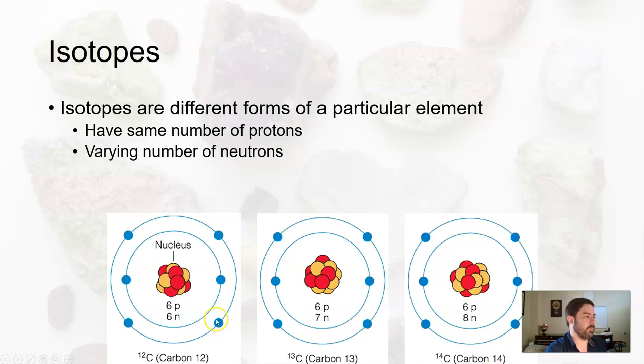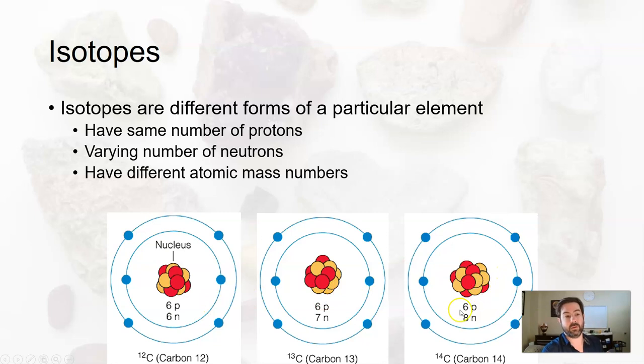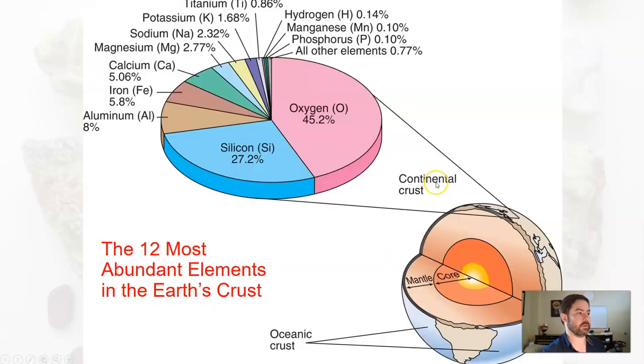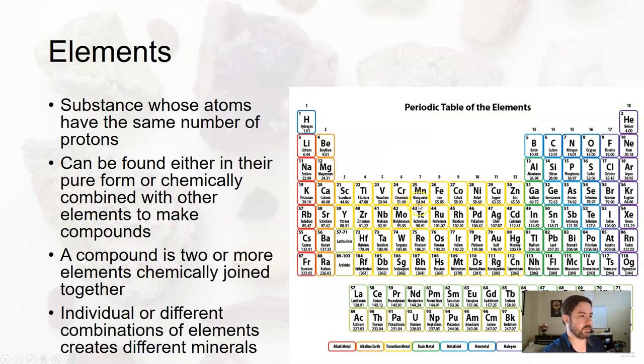So they have the same number of protons, different number of neutrons, but because carbon 13 and carbon 14 have more stuff, they are heavier, and they also have a greater, what's known as atomic mass. And let me go back again. That's what these numbers are down here. The reason they're decimal points, just a side note, fun fact, is that it takes into consideration the different isotopes of these particular elements.